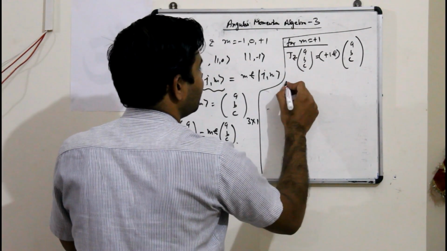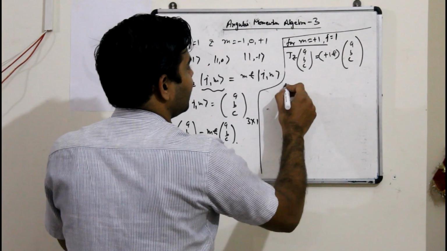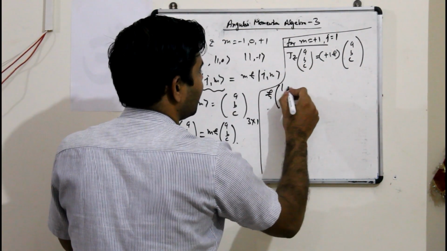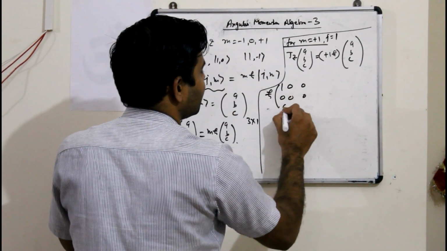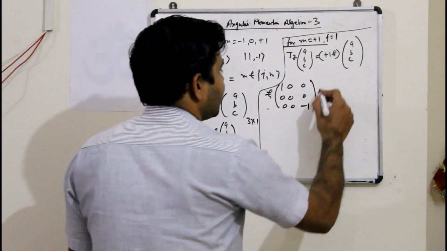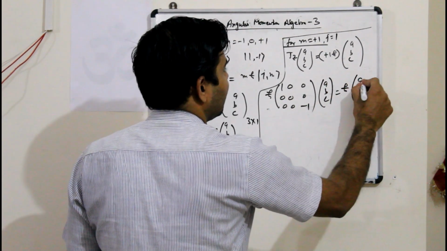The matrix representation for Jz in the case of j equal to 1, we have just written, is h cross times 1 0 0, 0 0 0, 0 0 minus 1. We had just found that, and this acts on a, b, c to give h cross a, b, c.